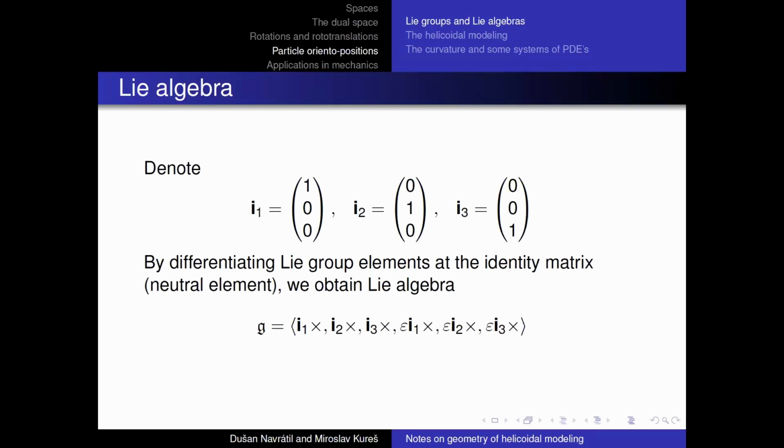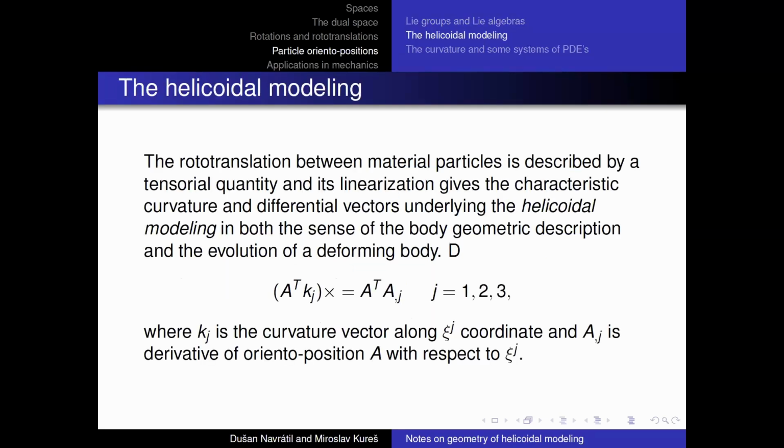And of course, if you have a Lie group, you can construct by differentiating the Lie algebra, which is spanned by those 6 dual matrices. In the next step, we construct the curvature tensor to better understand how particles move and orient themselves within the material body.